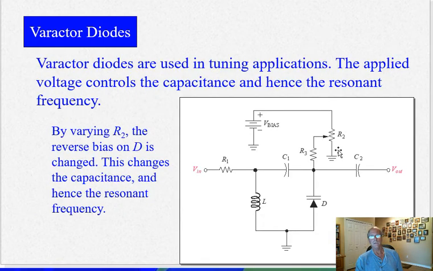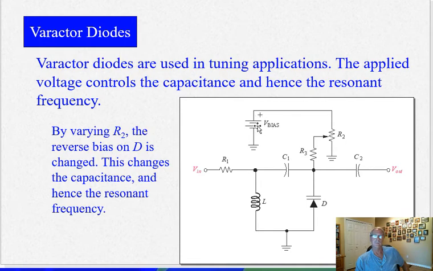I think there's a schematic here. Yeah, okay. So here's a schematic of a little resonant circuit. So there's a tank circuit here. This is the varactor diode, and here's an inductor. And anytime you put capacitors in parallel with an inductor, what do you get? You get a tank circuit. It's a resonant circuit. Well, this particular quote-unquote capacitor is a varactor diode, and it changes its capacitance based on reverse bias. And it's reverse biased through this resistor and potentiometer here.